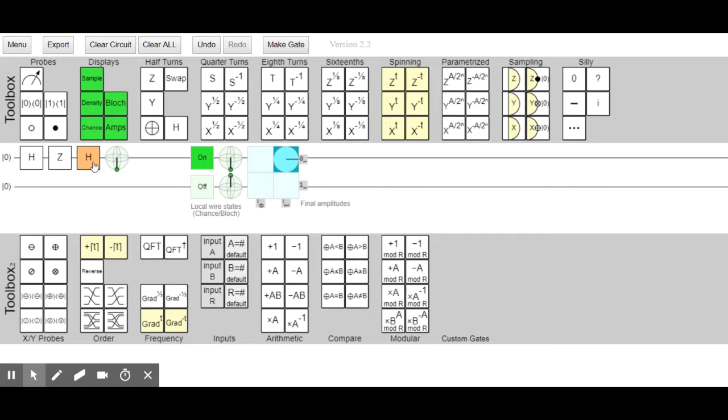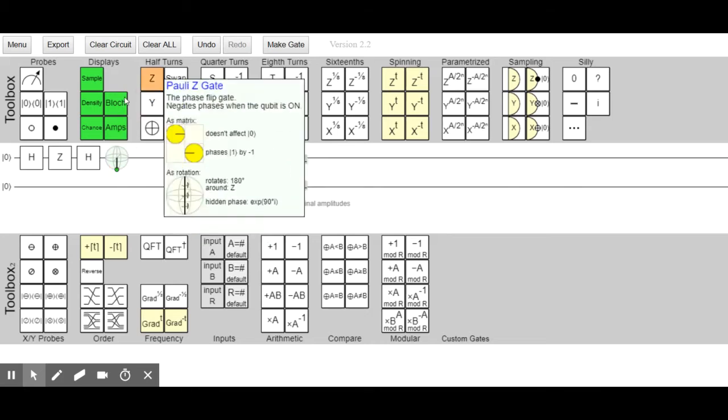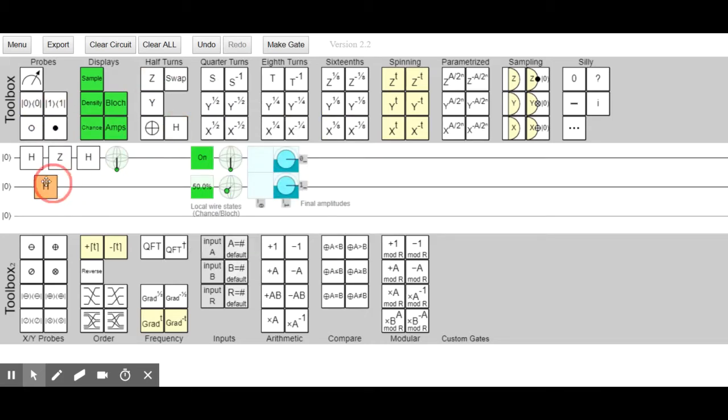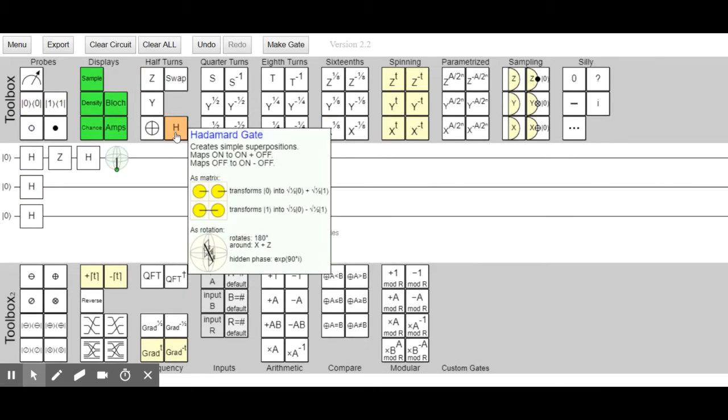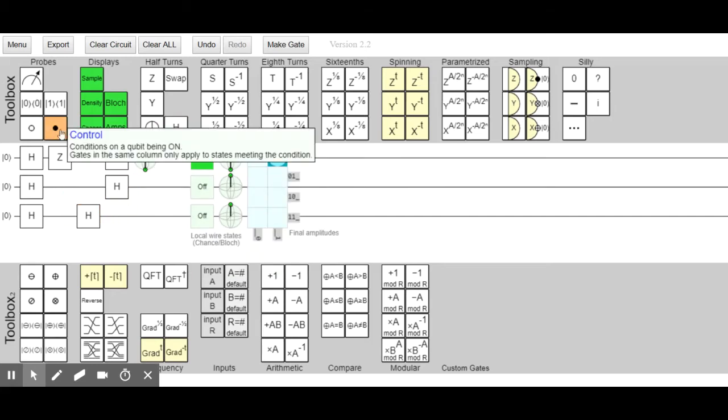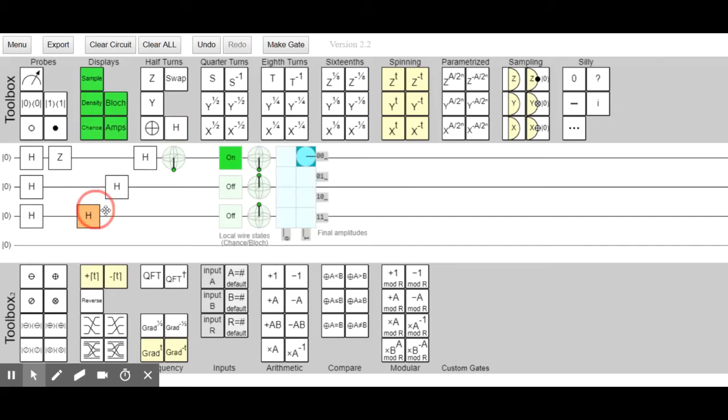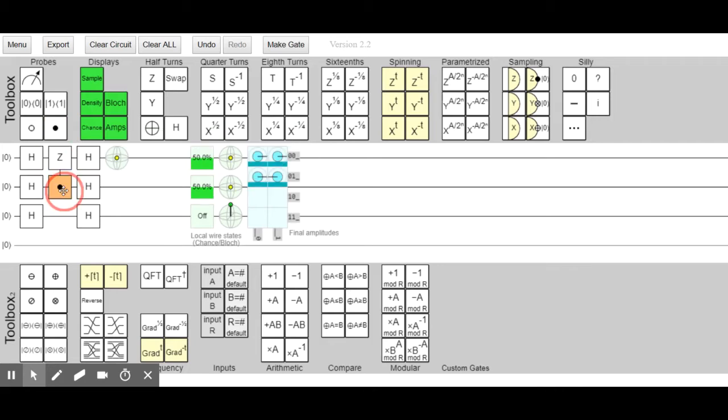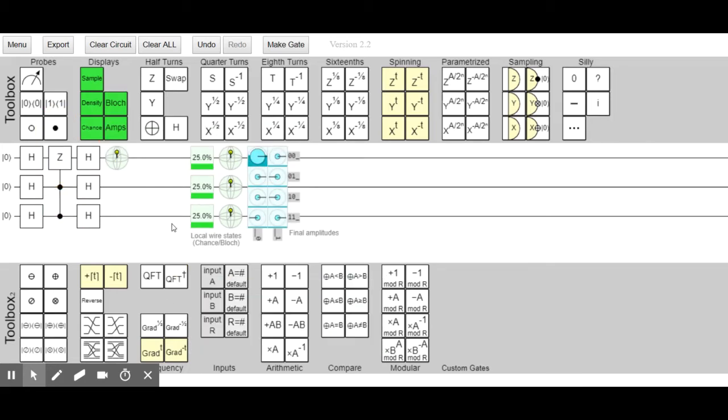It's confusing me. And if I say Hadamard and Hadamard and Hadamard and Hadamard and then control.